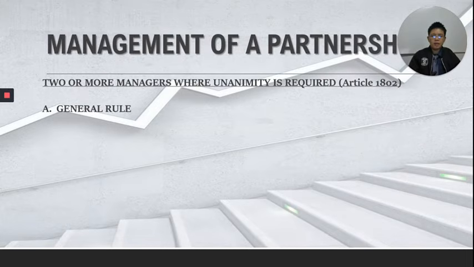So, what else in 1802? Remember here, class, again, 2 or more managers and unanimity is required. Meaning, the managers cannot act without the consent of the other managing partners. So, wala silang magagawa kung hindi nila nakuha yung boto ng lahat. That is the general rule in 1802.